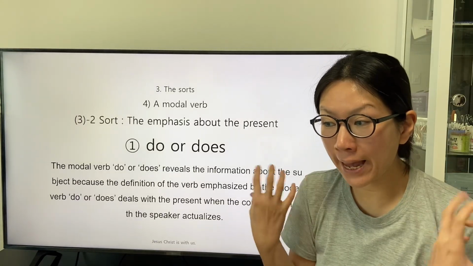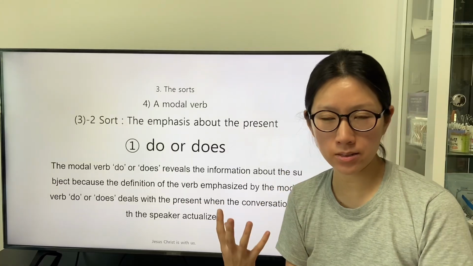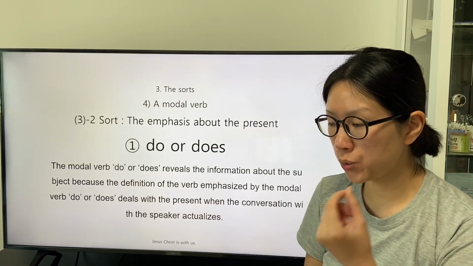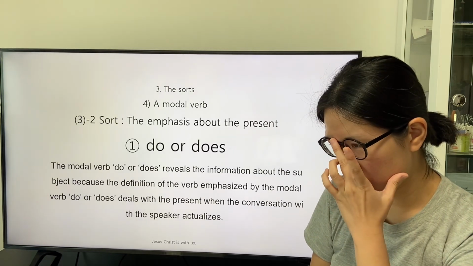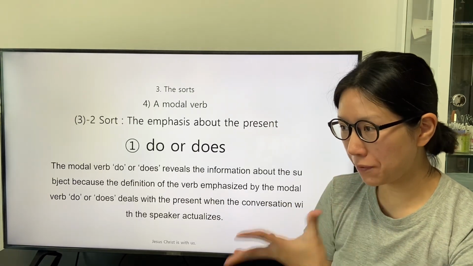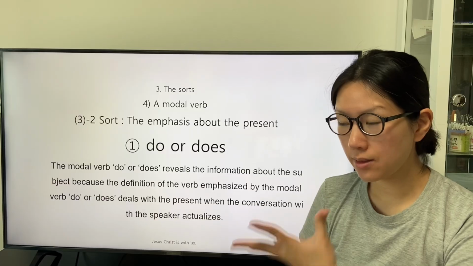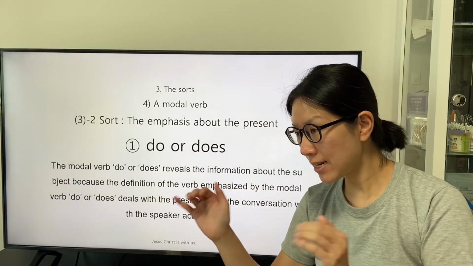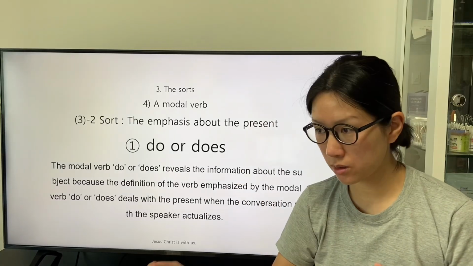The speaker can emphasize the intent to clarify that the experience, condition, or action stated in the clause is important.